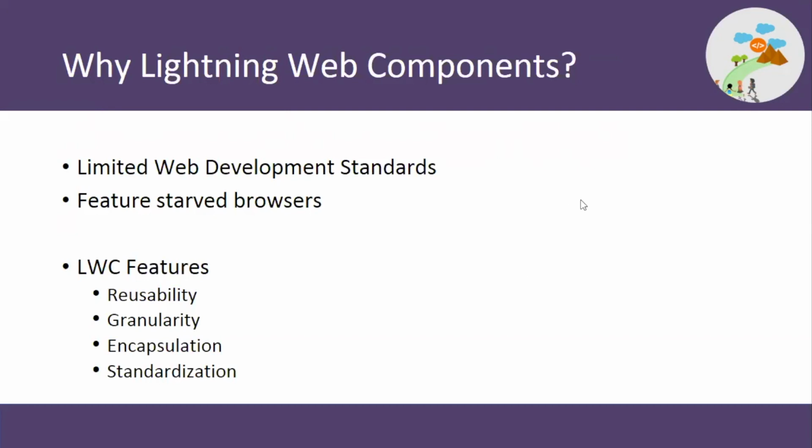So lightning web components are nothing but a new web development paradigm that Salesforce has recently introduced. And one of the key things that lightning web components have to offer is its compliance with the standard web development paradigms. So now what is the compliance part of it?